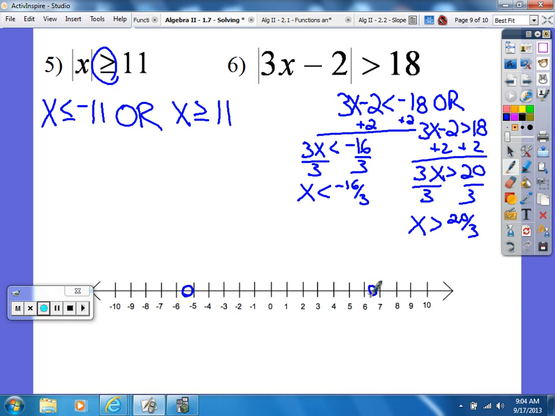Okay. Notice I put open dot because there's no equal sign. And since it's or, I shade on the outside. Those lovely hints that I gave you: if X is in the middle, we shade in the middle. If it's or, it's outside. All right, any questions?